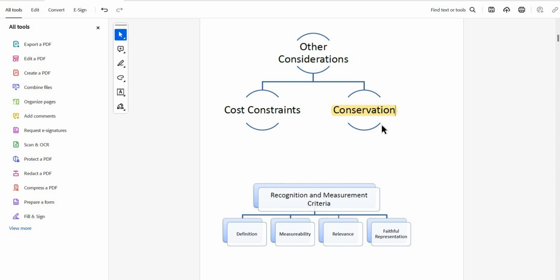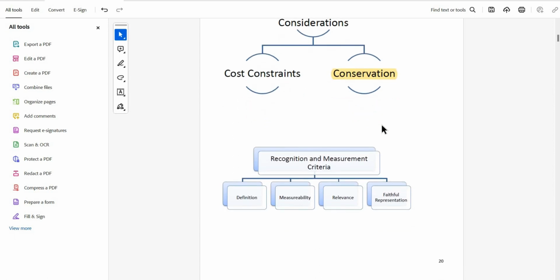But if we know that there is a probability that revenue is going to happen next year, then we are not going to record that revenue. So this is the method of conservatism: if we see a future expense, we will record it. If we see a future revenue, we will not record it.